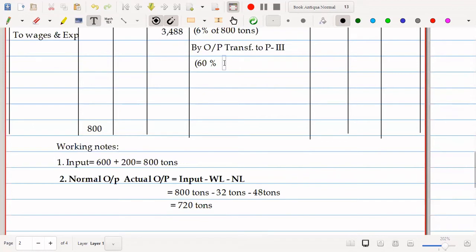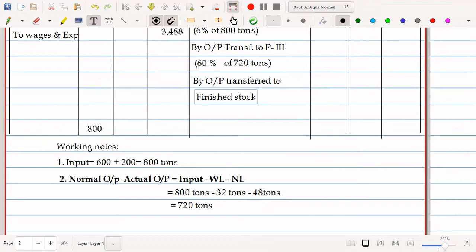60% of 720 tons. And also by output transferred to finished stock.